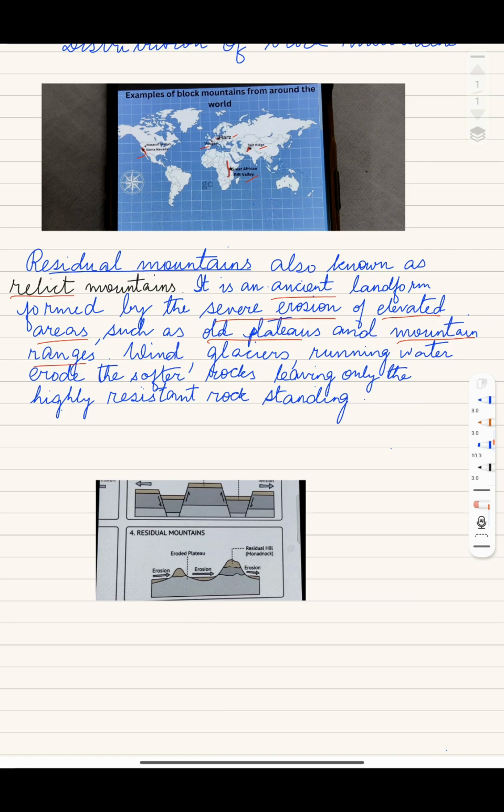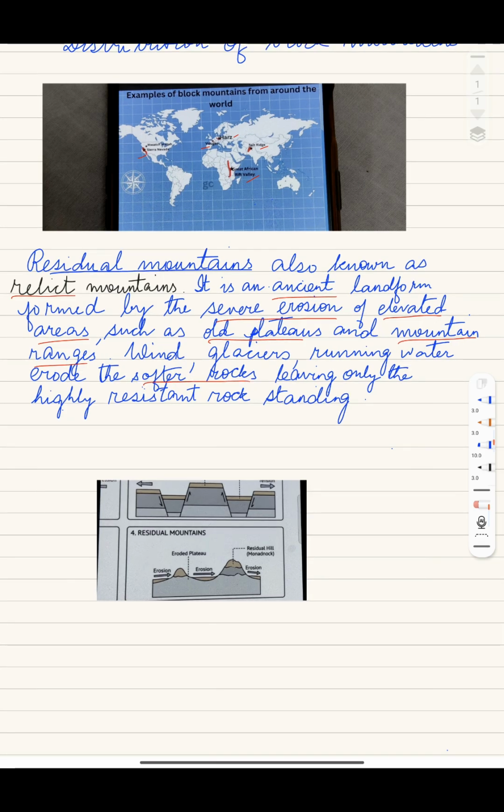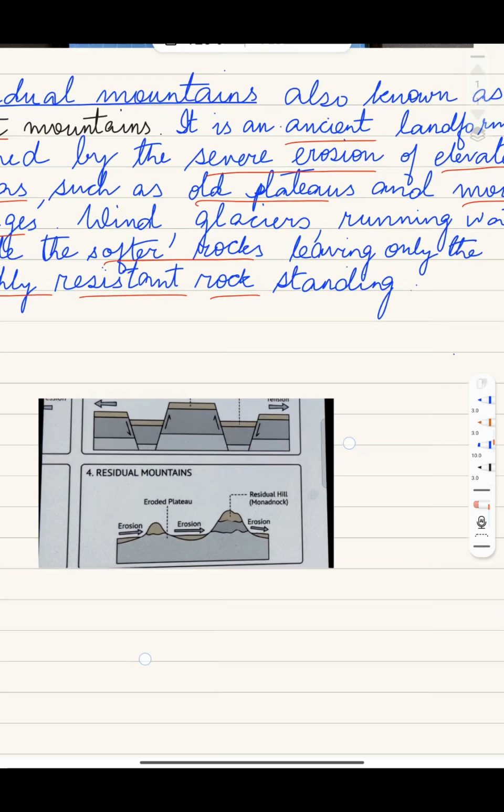It has been eroded by wind, glaciers, running water. Now, what do they do? They erode the softer rock, leaving only the highly resistant rock standing. And this highly resistant rock which stands is known as the residual mountain.